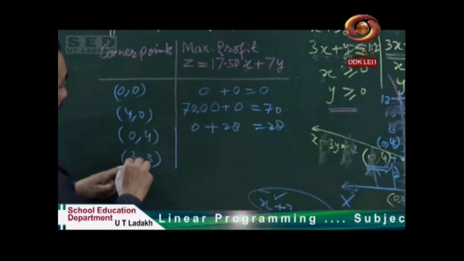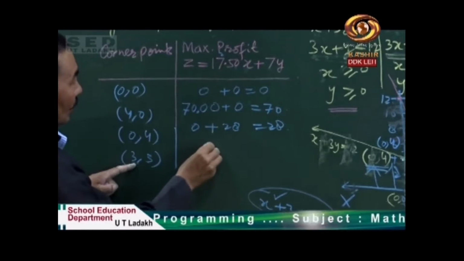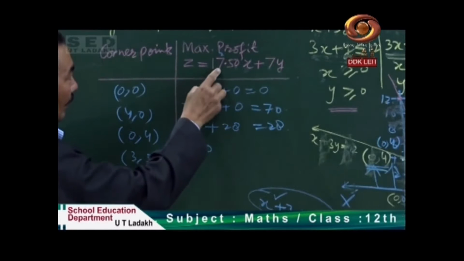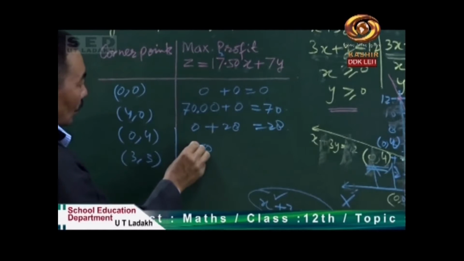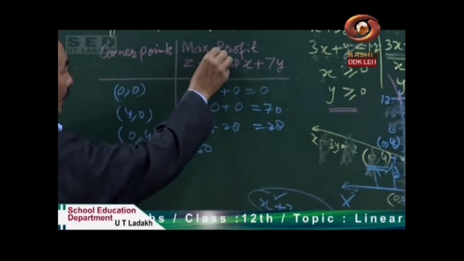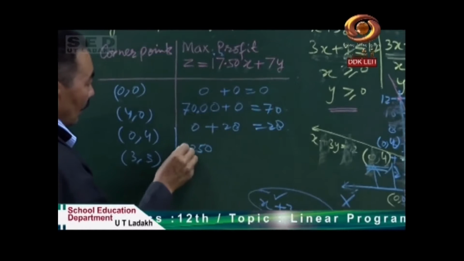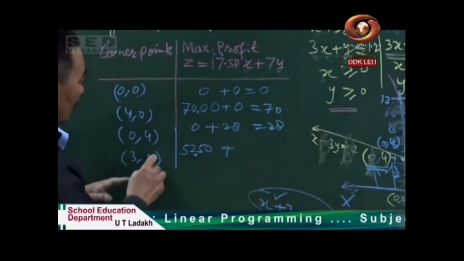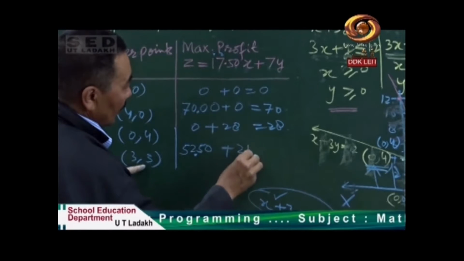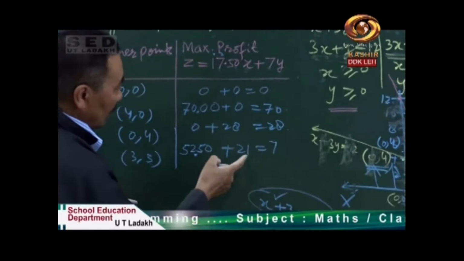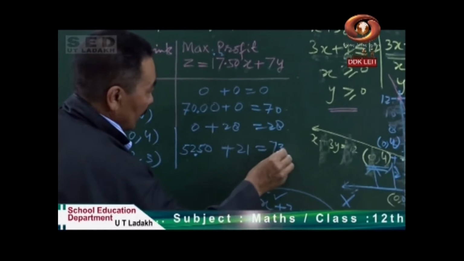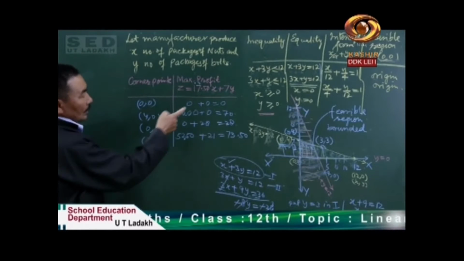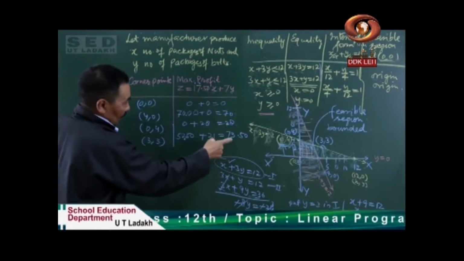X equal to 3, 3 times 5 is 15, 1 carry, 3 times 7 is 21, it becomes 52.50, plus 3 times 7 is 21. It becomes 70. If you add these two, 73.50. So you have to compare the values of these points.